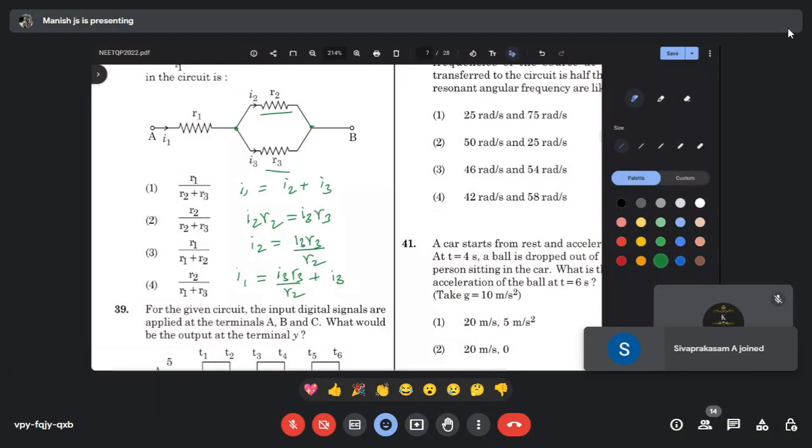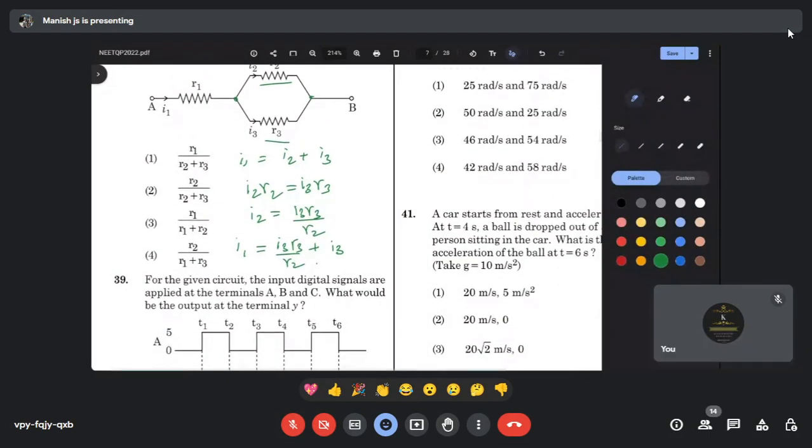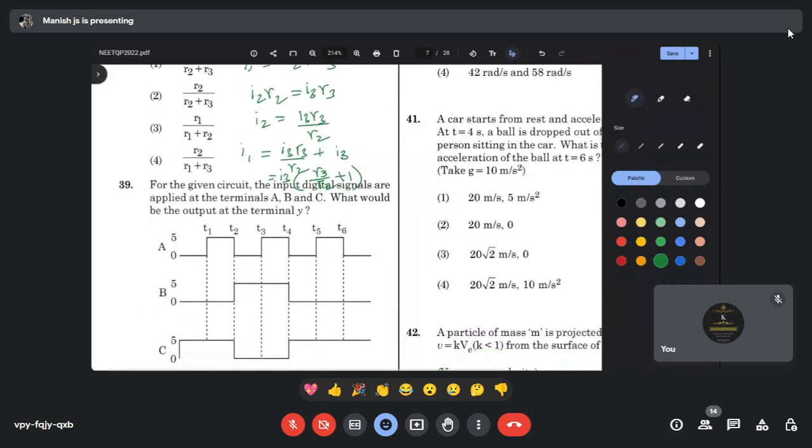Take I3 as common. Within brackets you will get R3 by R2 plus 1. So first find I1 by I3. After that, if you take the reciprocal, you will get the answer.